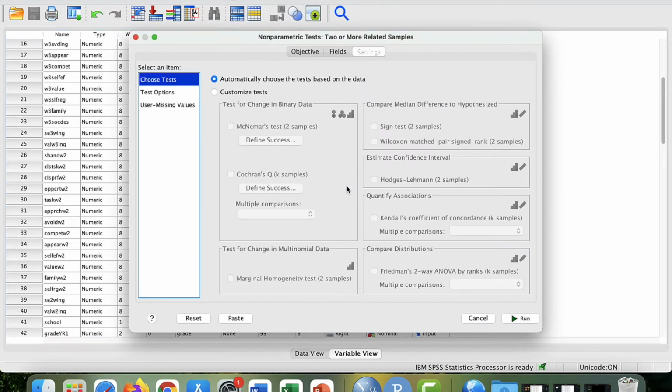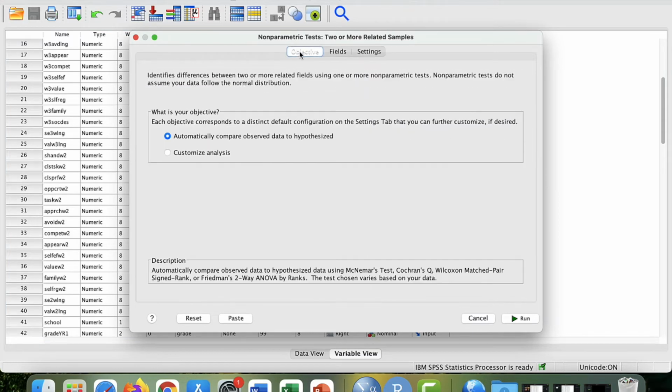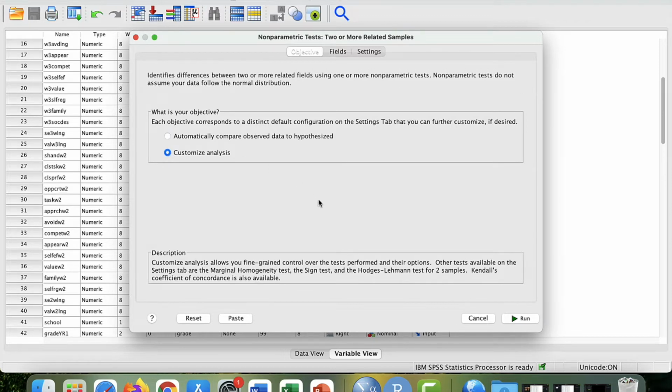So I click that, and I go to Objective, and I can customize my analysis and pick which one I want, or I can let SPSS look at what I'm trying to do and decide for me what the best test is to use. Either way, I'm going to end up with the Wilcoxon test.